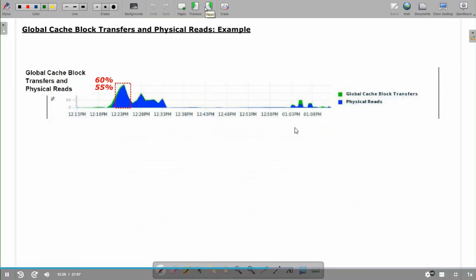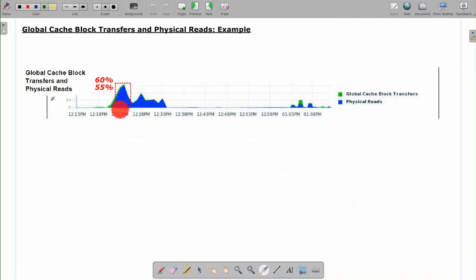In this example, I just made it a simple example. I have blue color statistics around the 55% range. So that's a physical read. And also the green color, I just made it simple, 60%. So the difference is 5%. So how can I interpret this? The 5% green color is the global cache block transfer.